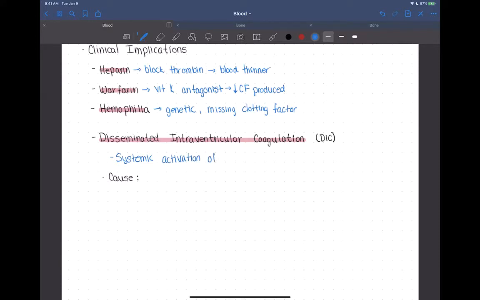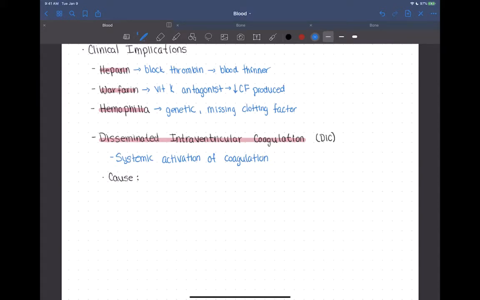Systemic means that it is happening all over the body. It's not localized to a specific area. Systemic means it's happening everywhere. So everywhere, all at once, coagulation starts to happen.